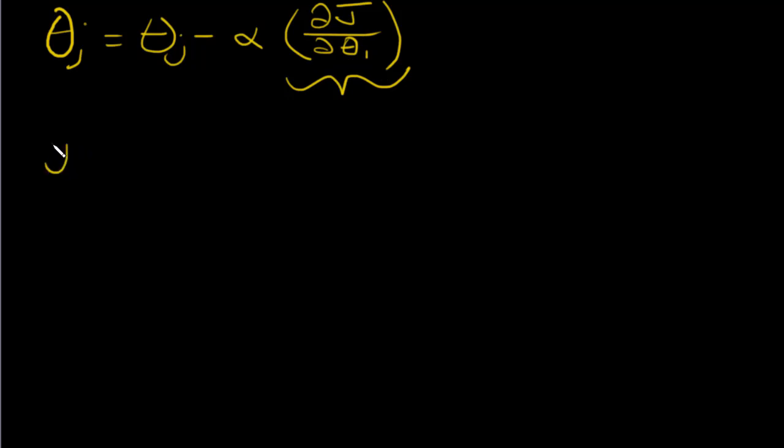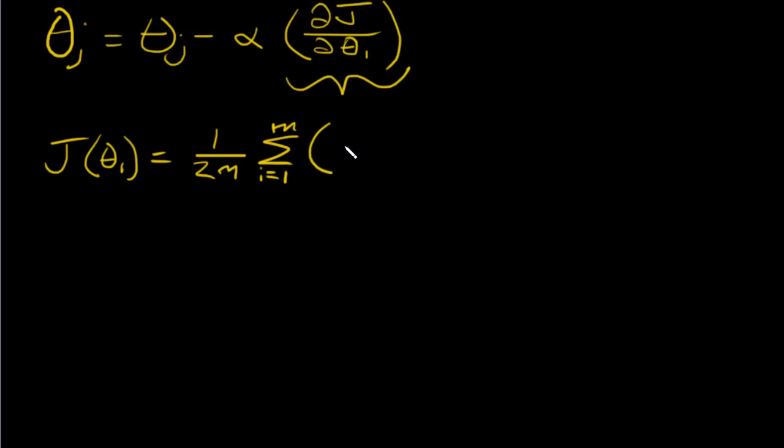We have J of theta 1 is equal to 1 over 2m times the summation i from 1 to m, and then inside of here we're going to have theta 1 xi, that's our expression for our hypothesis function, minus yi, and then quantity squared.